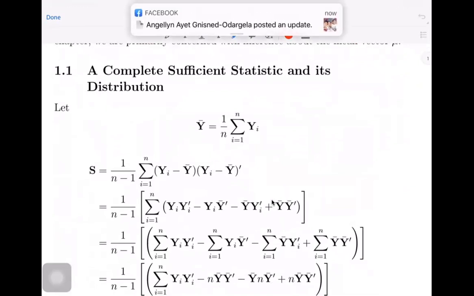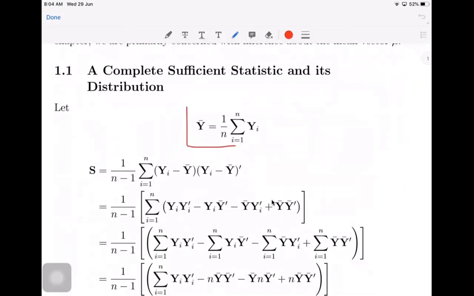The most common estimator, which is considered to be very useful, is the sample mean y bar, which is computed as the usual formula, the sum of yi's from 1 to n, divided by n, and your S.